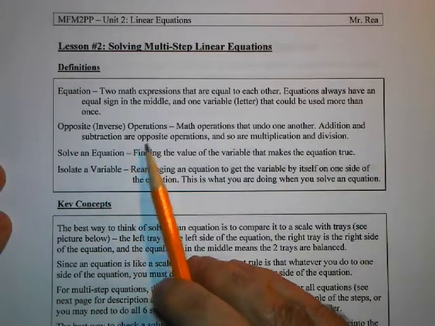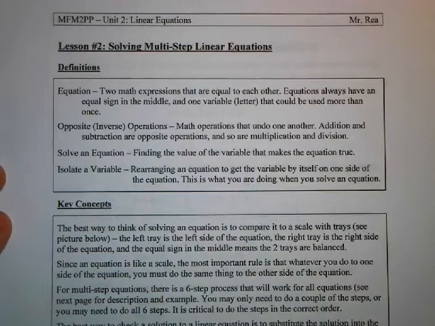If x is being multiplied by 2 in the equation, the way we'd undo that, the opposite of multiplying by 2, is dividing by 2. When we apply the opposite operation, we end up with the number we started with. For example, if I added 2 to a number and then subtracted 2, those are inverse operations, and I would get the original number that I started with. That's our process.